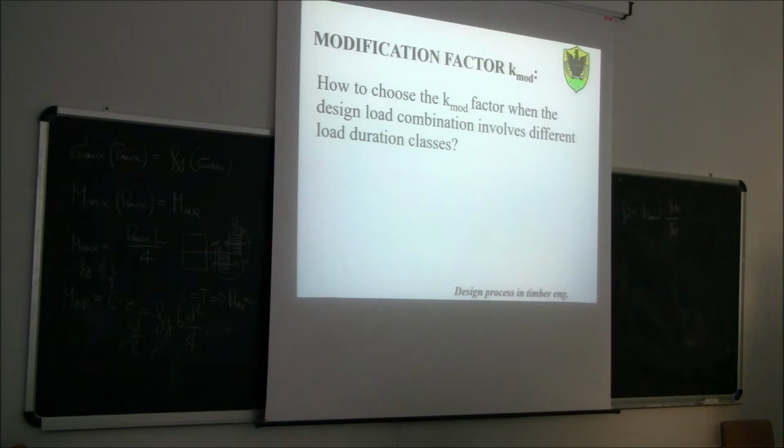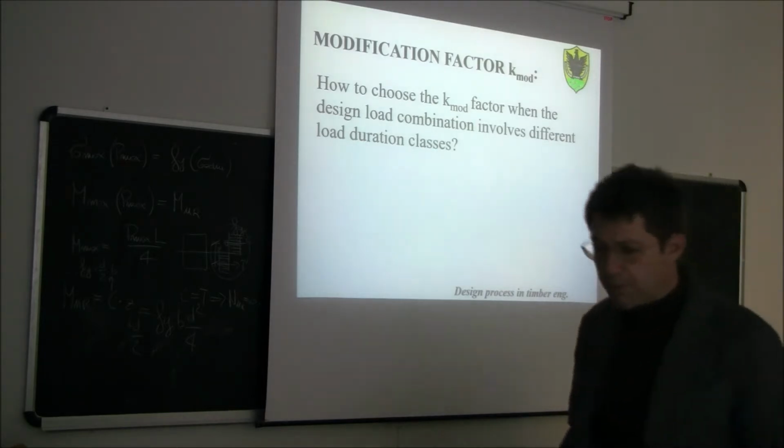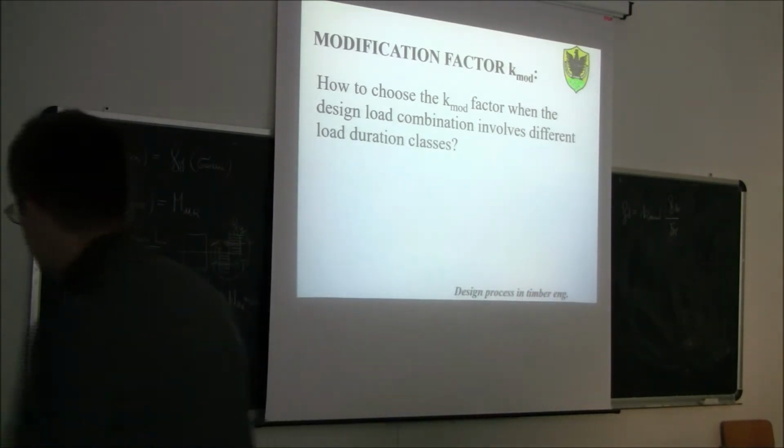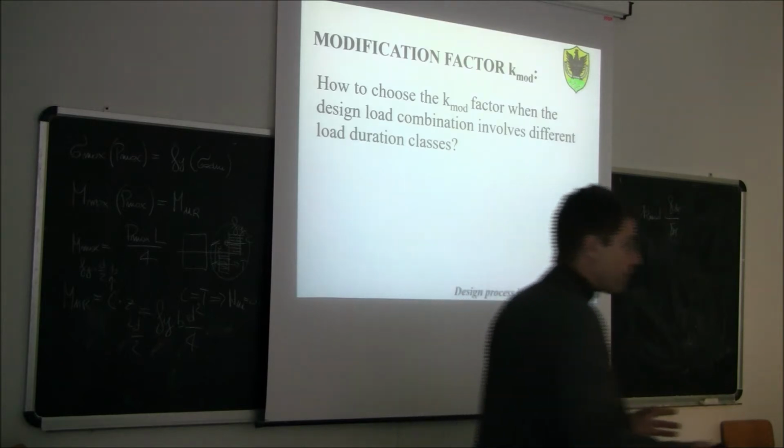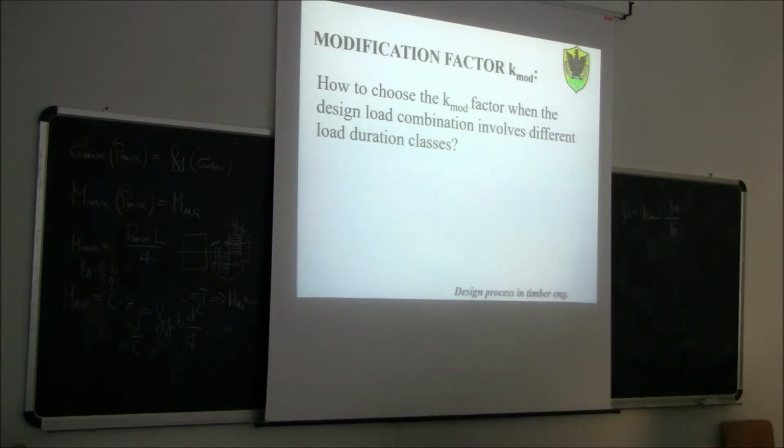And now we have another problem. A problem related to the fact that, in general, when we design for ultimate state, we generally don't design only for a certain action, but we design for a load combination, or for a combination of actions.